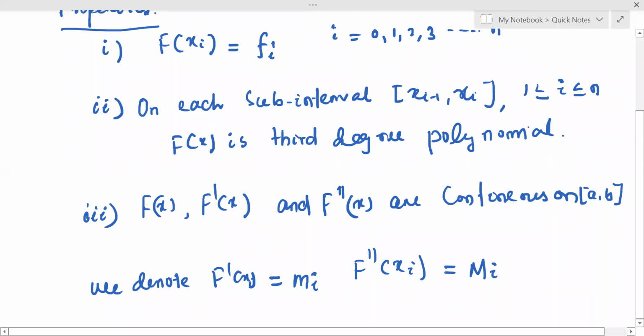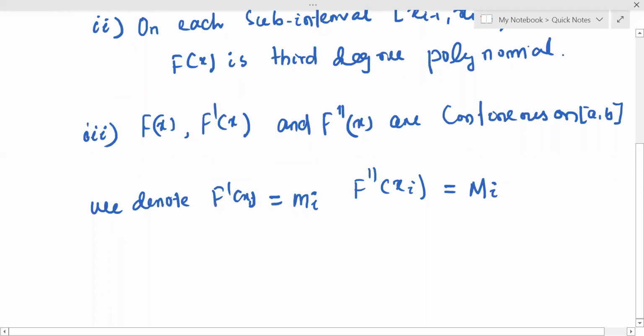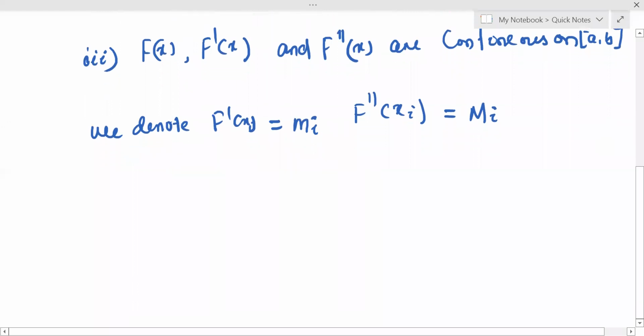Capital Fx, capital F dash x, and capital F double dash x are continuous on closed interval AB. F dash xi is represented as small mi, and F double dash xi as capital Mi. The cubic splines do not have the disadvantages of the quadratic splines.